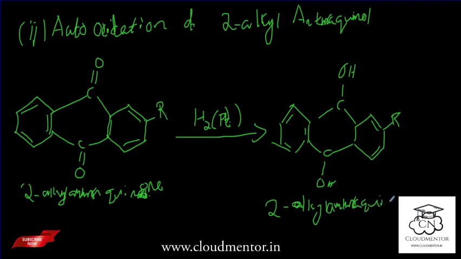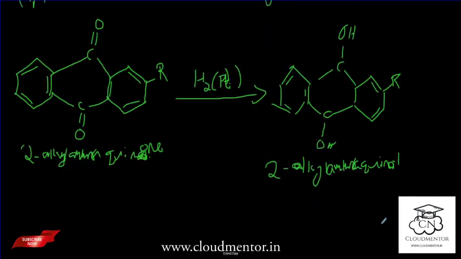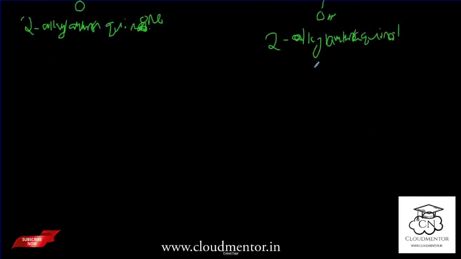You can read that, but just hear me and try to write that or read that. And by the oxidation of this 2-alkyl quinol, it is air oxidation. It is reacted with the air, and the same 2-alkyl anthraquinone is regenerated by the oxidation of the alcoholic groups.